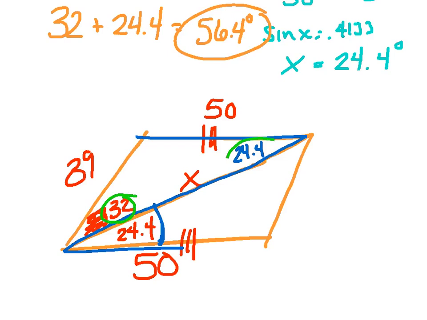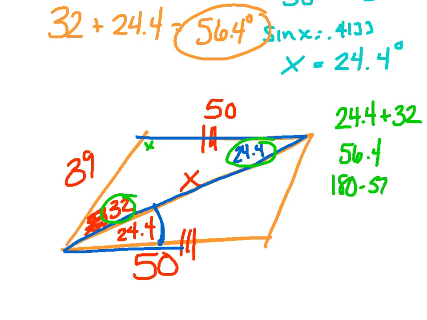Well, those three angles have to add up to 180. So 24.4 plus 32 gets me 56.4. If I subtract that from 180, I get an answer of 123.6. So I know this angle is 123.6.